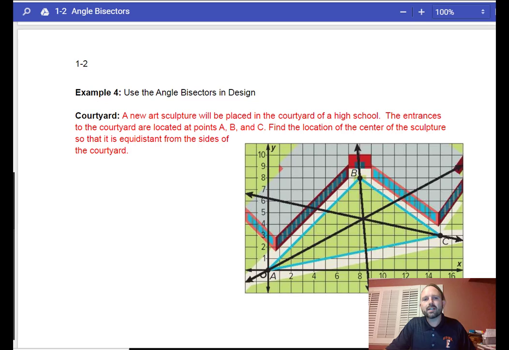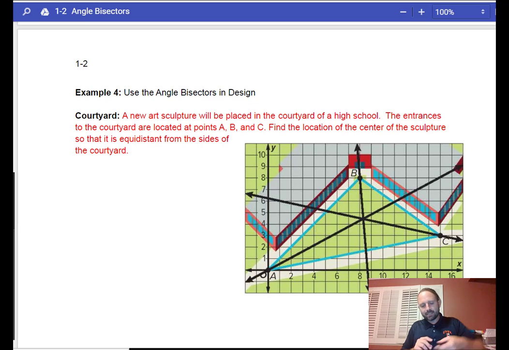All right, looking at this, it says to use the angle bisectors in design. A new art sculpture will be placed in the courtyard of a high school. The entrances to the courtyard are located at points A, B, and C. Find the location of the center of the sculpture so that it is equidistant from the sides of the courtyard. From the sides, not from the vertices. So how can we solve this?